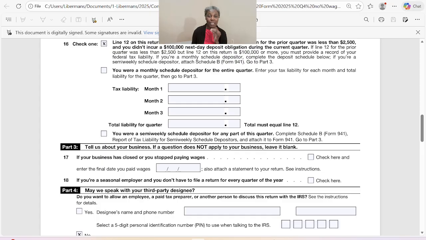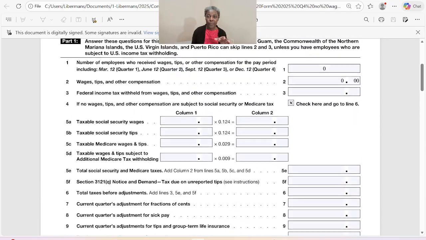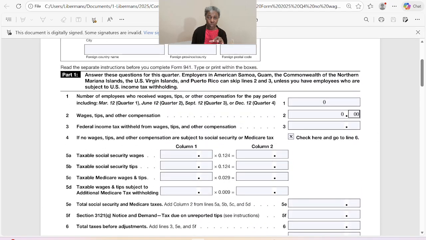If you are a seasonal employer, you can check that box. That just means you are letting them know that you don't hire people throughout the year, but only some part of the year. Therefore, there will be some quarters that you are not going to have staff and you are not going to file a return.